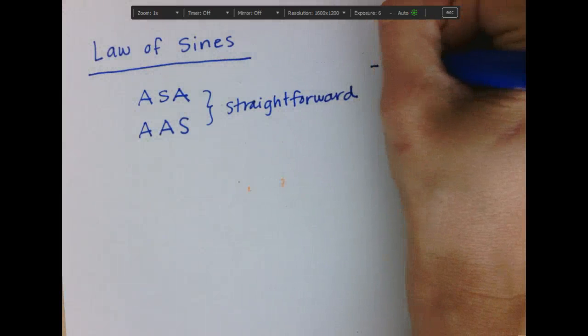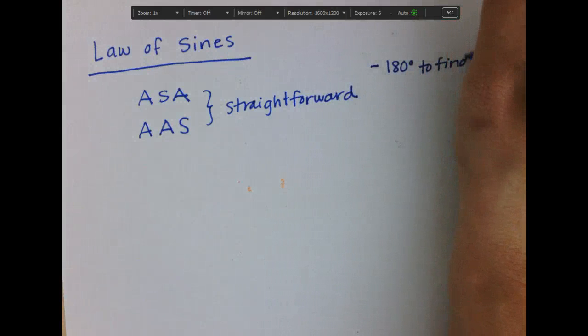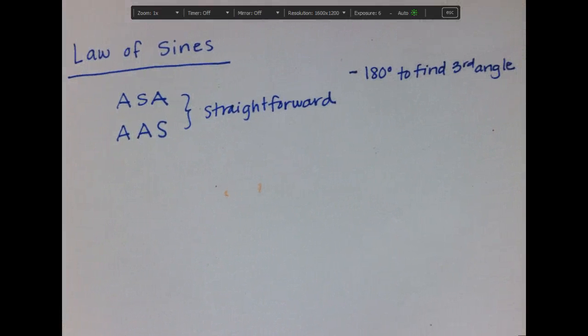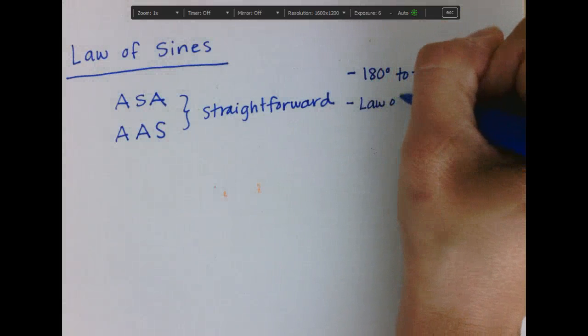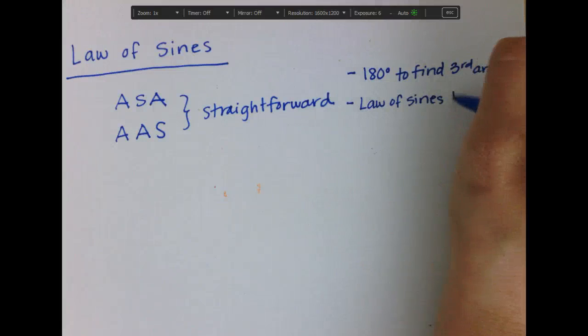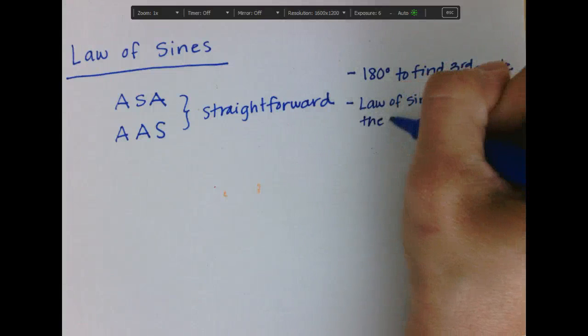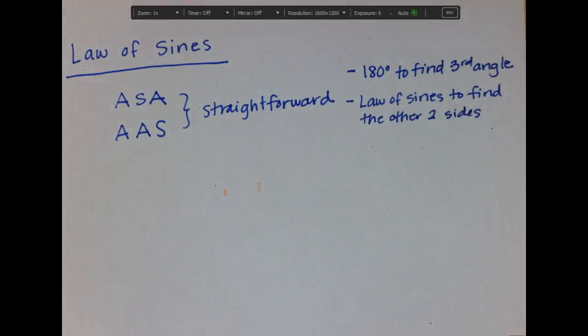So you need to use 180 degrees to solve for your third angle, and then you need to use the law of sines to find the other two sides. You'll have to use the law of sines twice, once for one of the sides and then a second time for the other side.